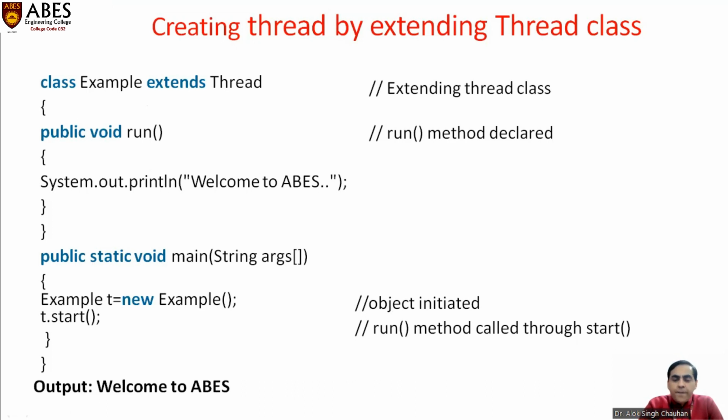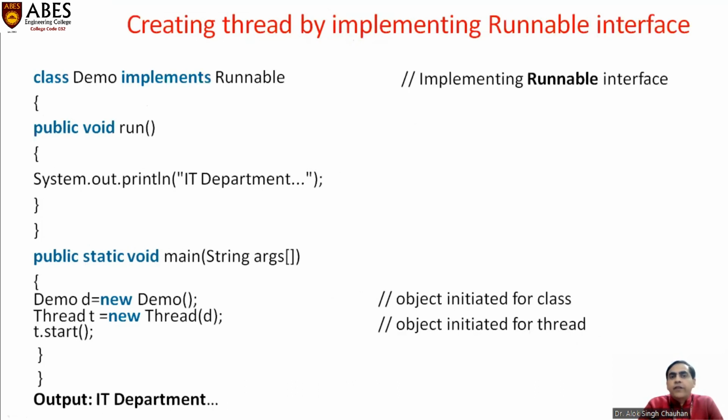Similarly, we can also create a thread by implementing the Runnable interface. In that case, we have to use the implements keyword, so the class will implement the Runnable interface. As we already know, for a class we use extends, and for an interface we use implements. The run method has the same logic.